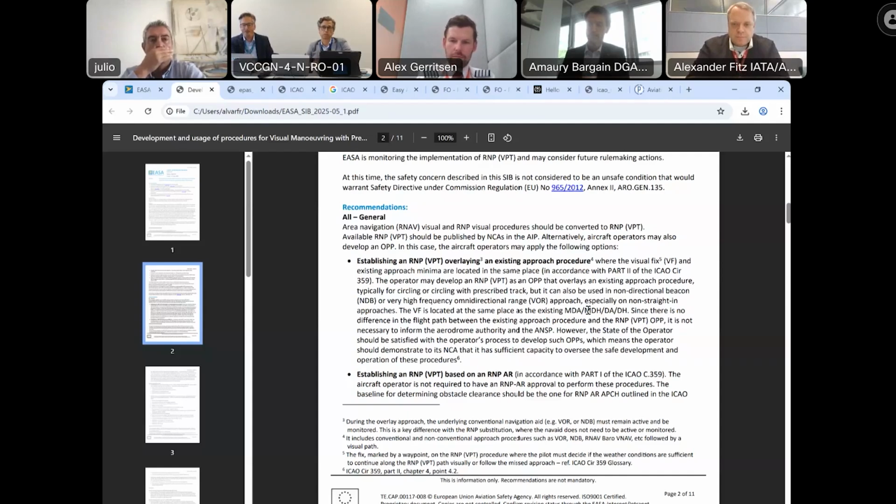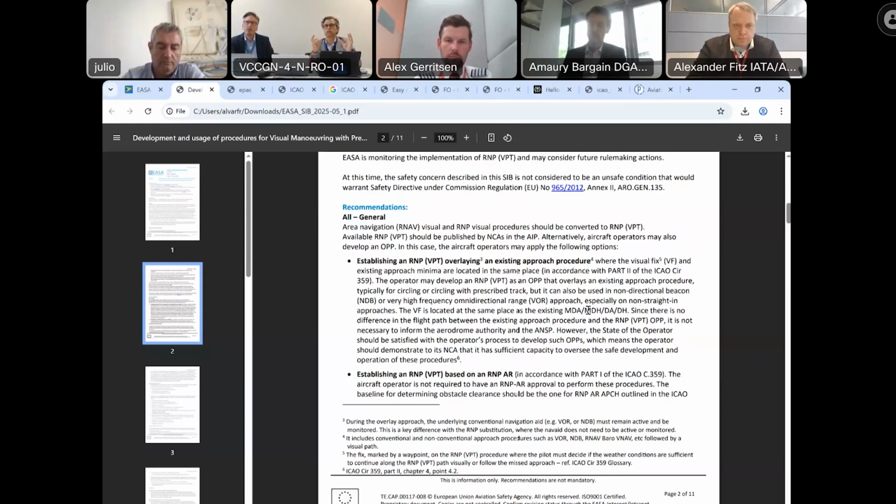We need to distinguish in the operators 2 types of processes. One process to develop an operator proprietary procedure like Lufthansa and Austrian, that probably they have. I mean, they already stated that they have. And then another different process is to validate whatever approach RNP VPT you're going to fly.